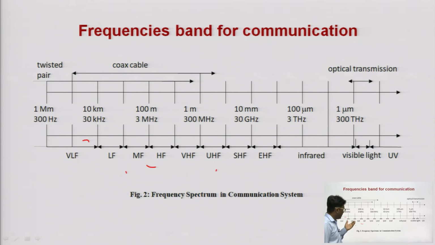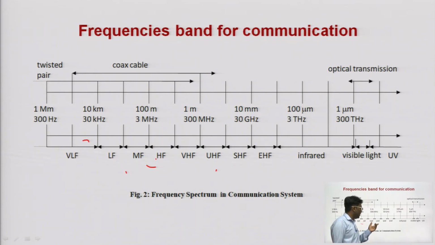So, amplitude modulation is basically lying between 535 kilohertz and 1605 kilohertz, while frequency modulation lies in the range of 88 megahertz to 108 megahertz. You can see the megahertz range lies somewhere around the HF and VHF range.